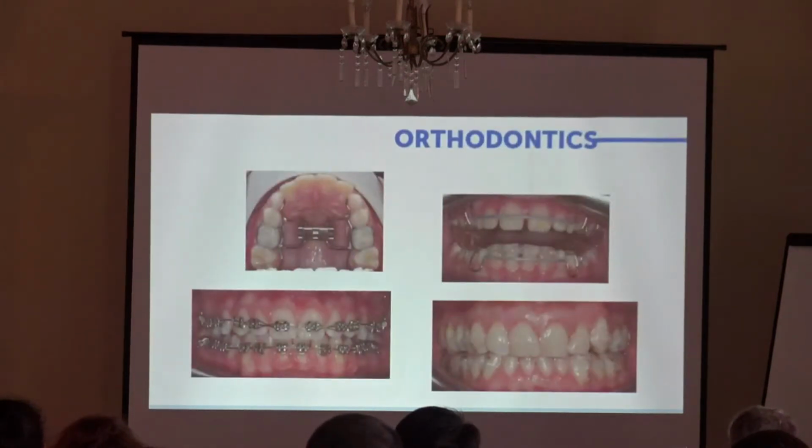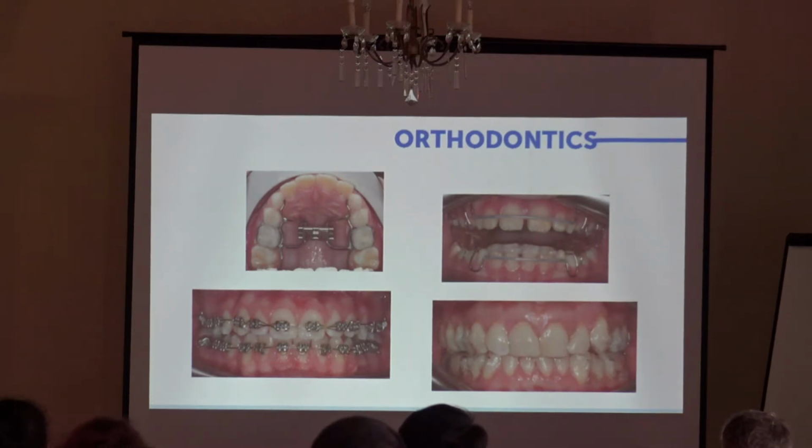And we can do this with different techniques. We can use removable appliances, fixed appliances. For example, this one is used to apply a force to the mid-palatal suture and so expand the palate. Or maybe fixed appliances like this one. Or nowadays, clear aligners have become mainstream.